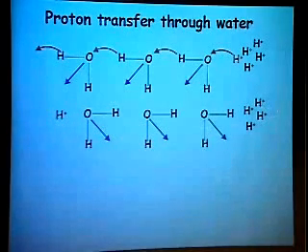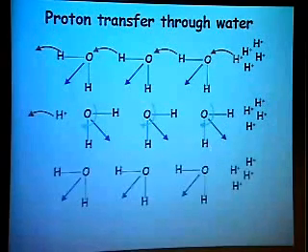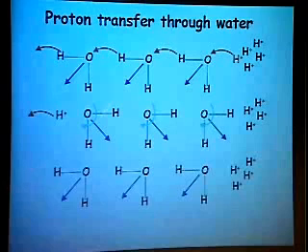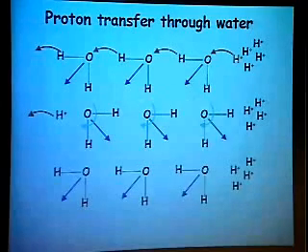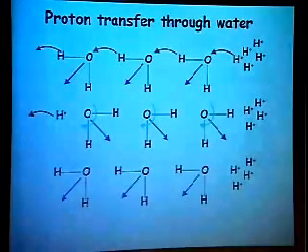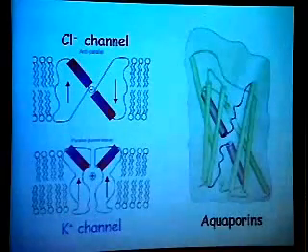In order to continue this proton transport, you have to turn these water molecules to come back to the original configuration and pick up another proton. So you need this sort of arrangement of water molecules to be able to transport protons. And as we discussed, in aquaporins, you don't have this arrangement of water molecules.